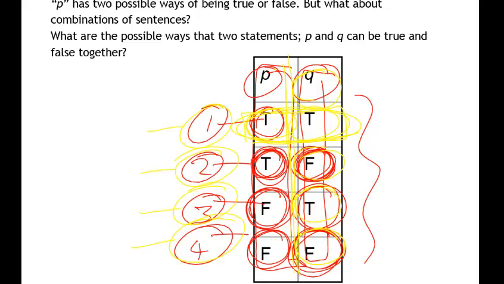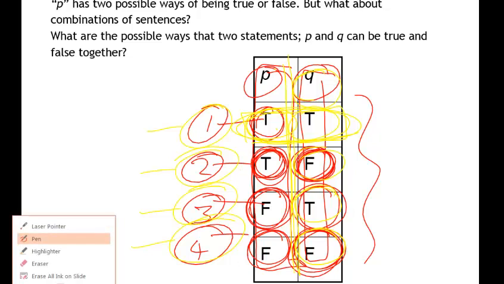So you might notice that there's a sort of conventional arrangement of the columns such that we've exhausted all of the possible ways for these two declarative sentences to be true and false together.